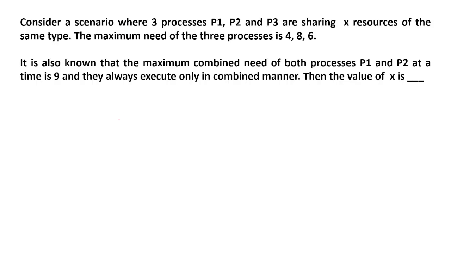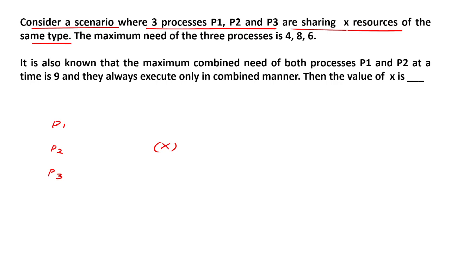Here we have the question that says, consider a scenario where three processes P1, P2 and P3 are sharing X resources of the same type. X could be any CPU, any memory location, any magnetic tape drive, anything you can consider.